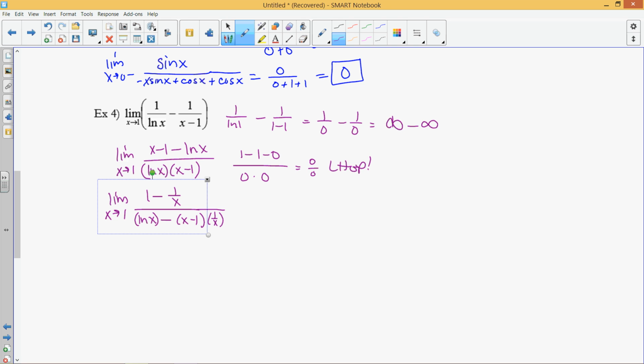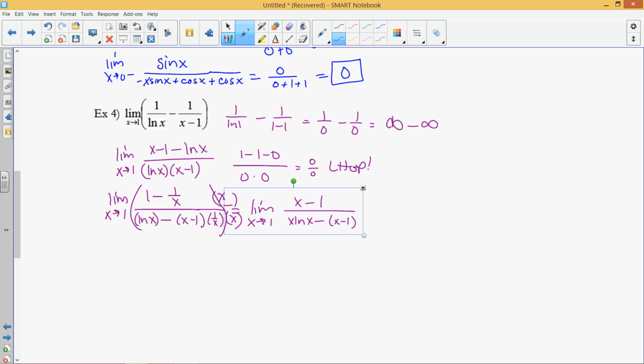I'm not too thrilled about those complex fractions, so I'm going to simplify this real quick and make it the limit as x approaches 1 of x minus 1 over x ln x minus x minus 1. What did I do to get from here to here? I just multiplied my numerator and my denominator both by x. I should probably put parentheses there. So I multiplied the numerator and the denominator by x to get rid of the complex fraction.